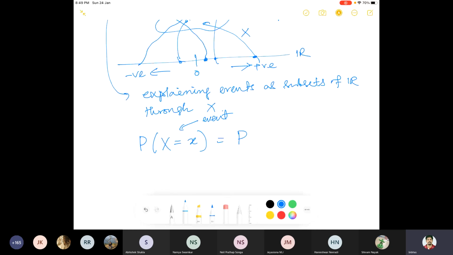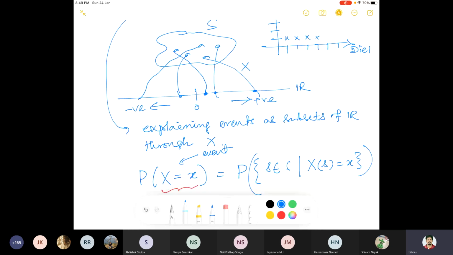And what is this event? What is the meaning of this notation? We explained it's like the probability of this event. So it is all sample points from S such that the value of X is equal to small x. So obviously you can see here that this function X need not be 1-1, meaning multiple sample points can be assigned the same real number.